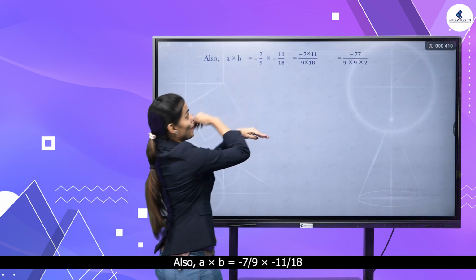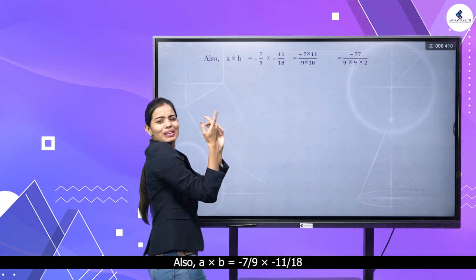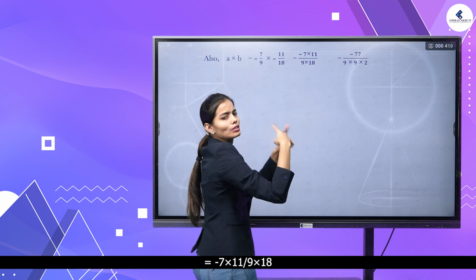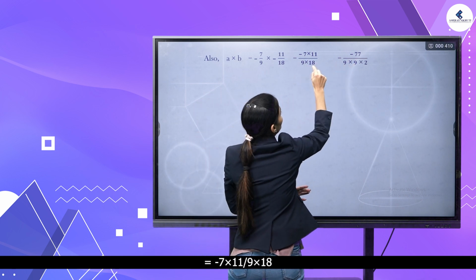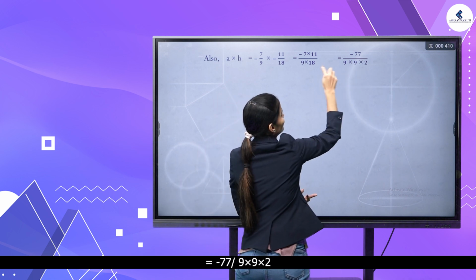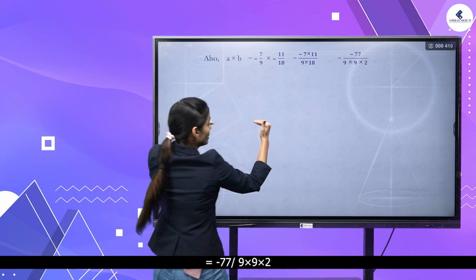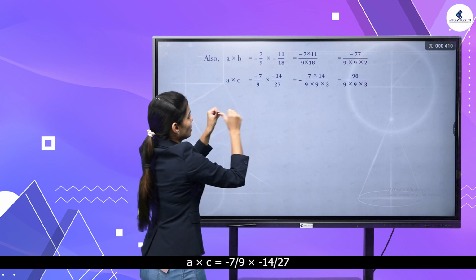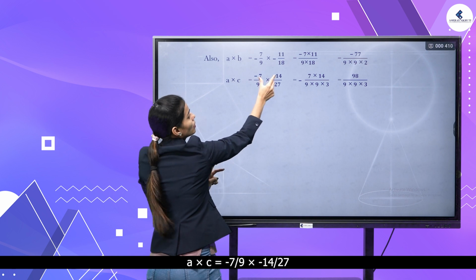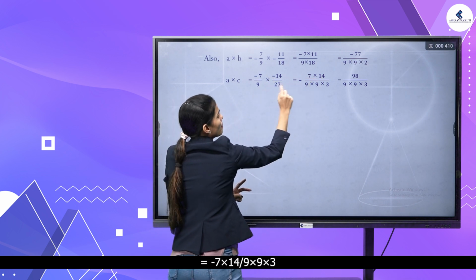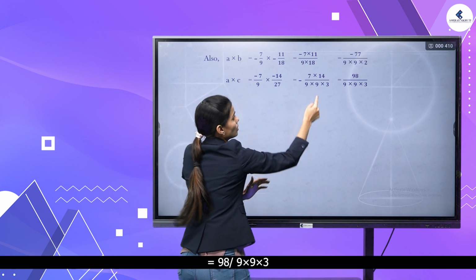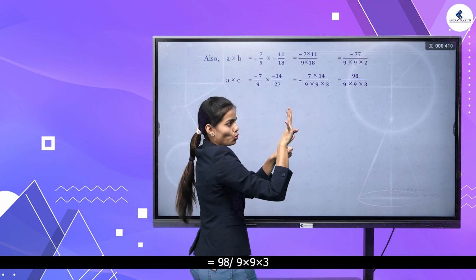Also, a into b is equal to minus 7 by 9 into 11 by 18 is equal to minus 7 into 11 by 9 into 18 is equal to minus 77 by 9 into 9 into 2. a into c is equal to minus 7 by 9 into minus 14 by 27 is equal to 7 into 14 by 9 into 9 into 3 is equal to 98 by 9 into 9 into 3.